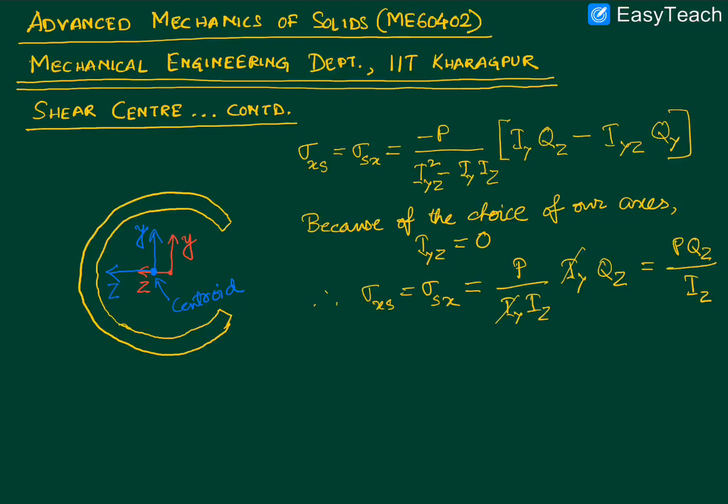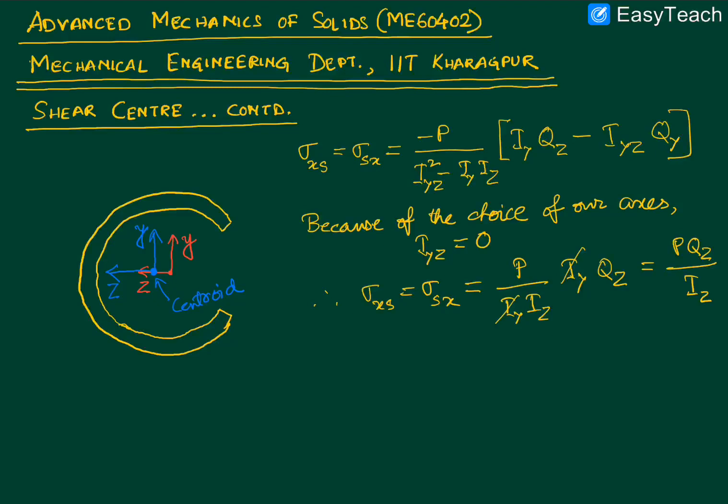So to go ahead with the solution of finding the location of the shear center, we'll take some very neat and clean steps. So the first step would be to find out this value of QZ for this section. Second, we would be finding out the value of this IZ.